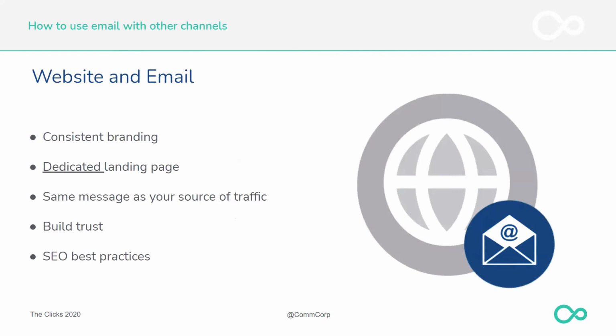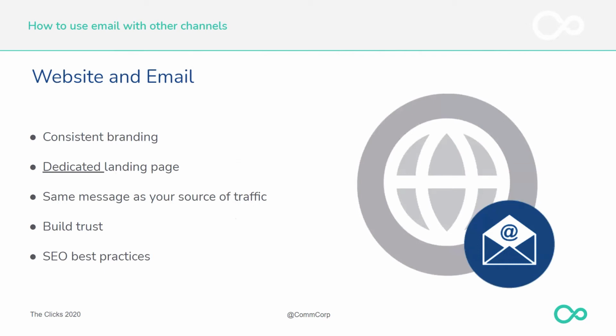So when we are thinking about your website and email, we generally think, right, what can we do to collate them both together, or what needs to be done to make sure that they mesh together. So the first thing is, you need to have consistent branding.